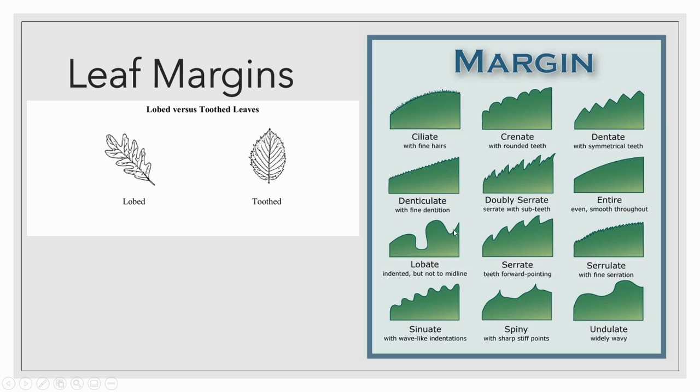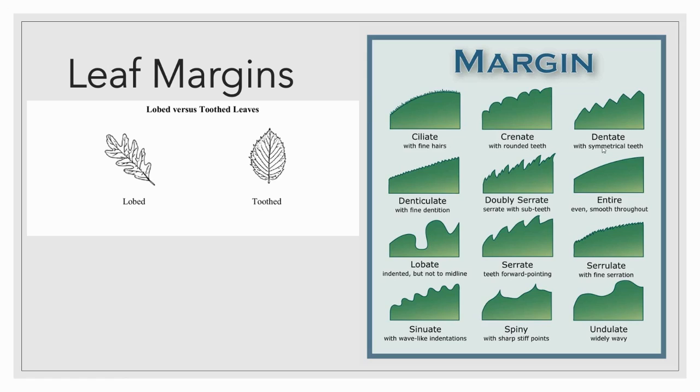Now, the fun thing about leaf identification is all of these terms, all of these words that we see on here. If you know a little bit about language or a little bit about words, you can sort of figure out what it is that it's talking about, right? Dentate, think about going to the dentist. The word denta means tooth, right?